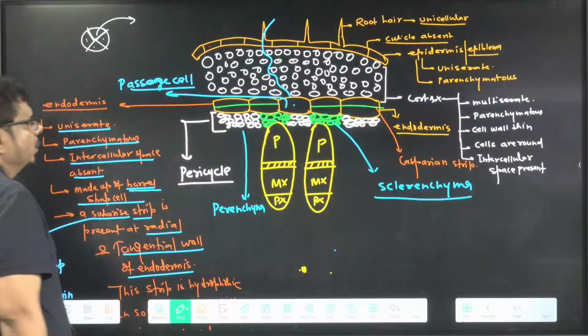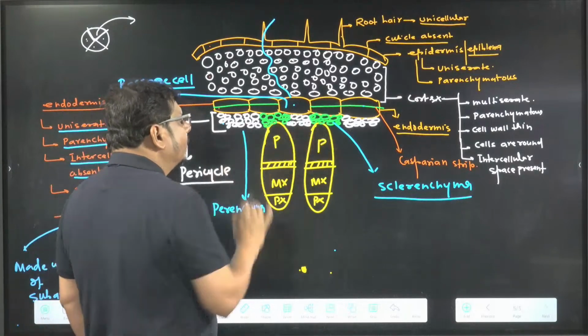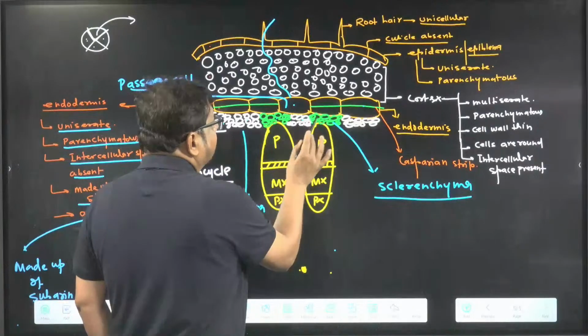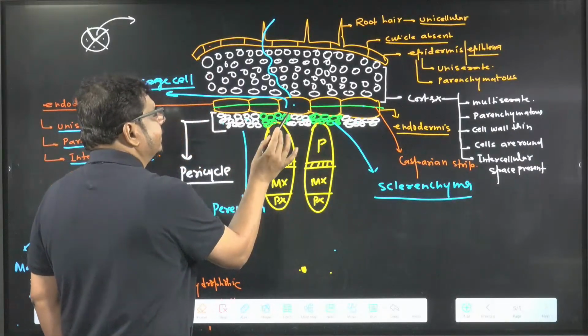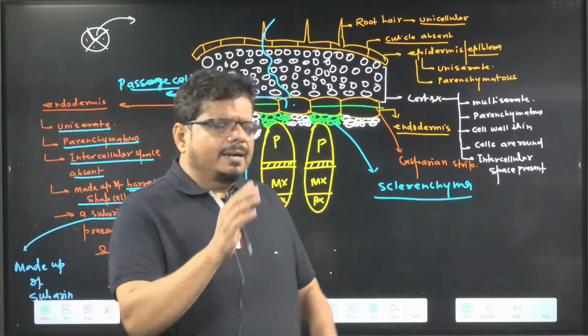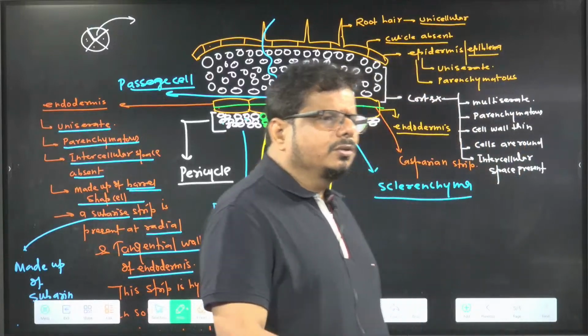Did the picture come in the mind or not? So what you are finding? Pericycle is made up of, can I say, alternate arrangement of parenchyma and sclerenchyma. Paren, scleren, paren, scleren, paren. Pericycle is made up of alternate arrangement of parenchyma. Oh, sorry.